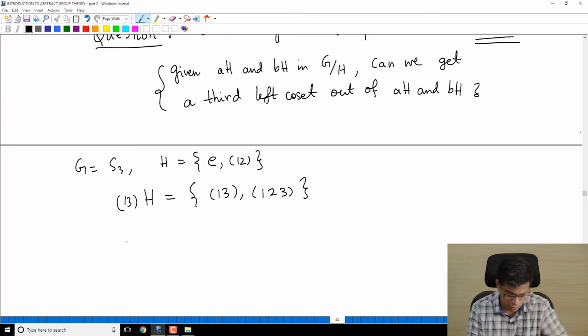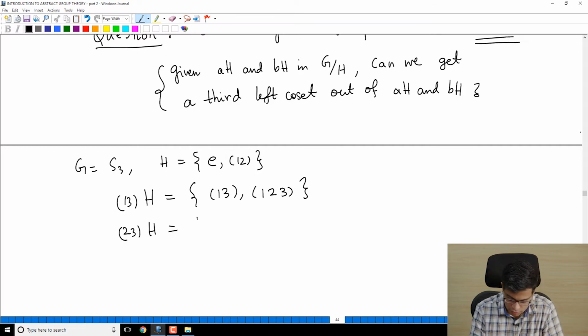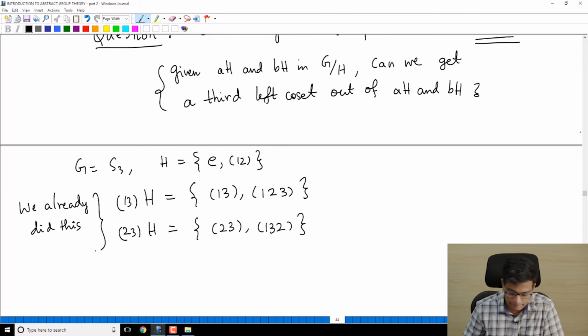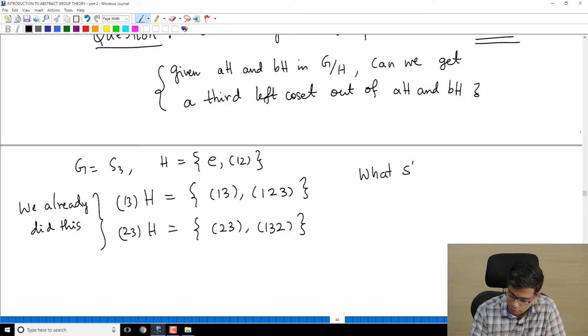Let me work with another element, (2 3)H. (2 3)H was {(2 3), (1 3 2)}. We already saw this in a previous video. So what do we do? Can we combine them? What should (1 3)H times (2 3)H be?